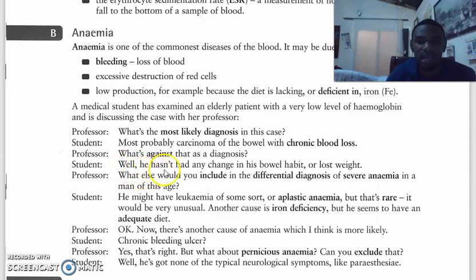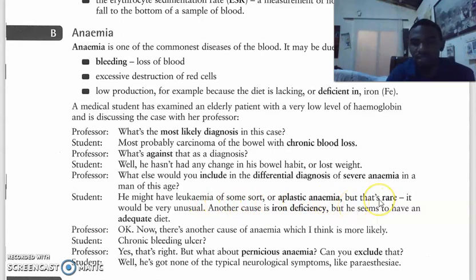Well, he hasn't had any change in his bowel habit or lost weight. What else would you include in the differential diagnosis of severe anemia in a man of this age? He might have leukemia of some sort, or aplastic anemia.